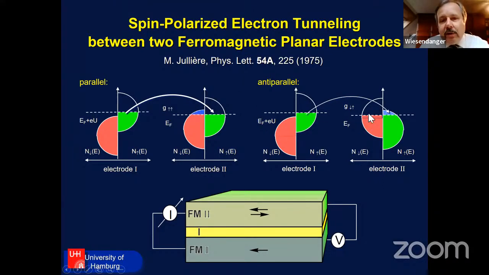Now you reduce the number of states to tunnel into for the spin up electrons. And so the tunneling current will be reduced and you get a spin sensitivity of your tunneling current flow. So this was very well known much earlier than the invention of the STM.